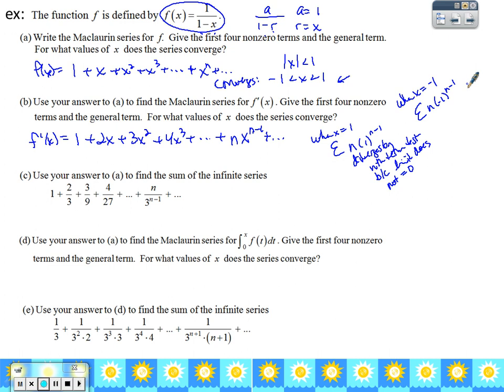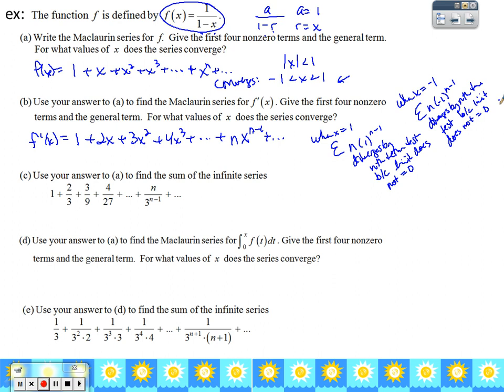On the nth term test, it still is going to diverge. So this one diverges by the nth term test because the limit does not equal 0.